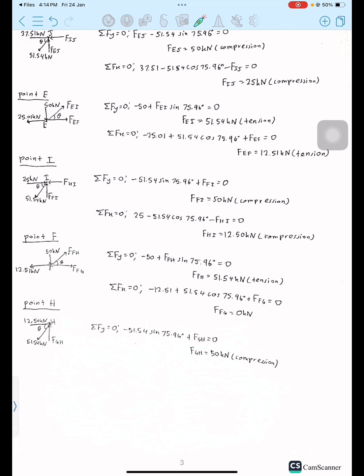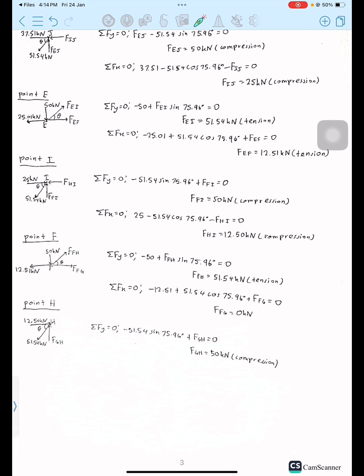For the last three, we have point I. At point I, we'll have two unknown members, which are FHI and FFI, pointing towards the I point, and 25 kilonewton here is also pointing towards the I point, and 51.54 kilonewton is pointing upward from the I point. So the summation of Fy equals 0, we will get negative 51.54 sin 75.96 plus FFI equals 0.